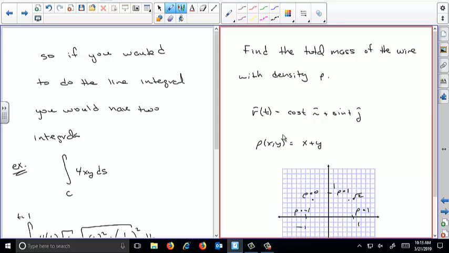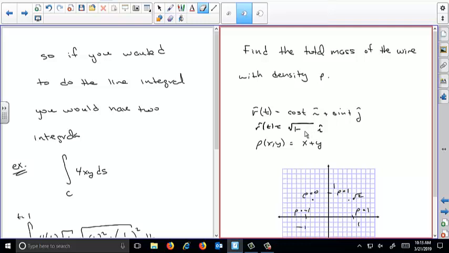Another way of representing this would be r is equal to probably the square root of 1 minus x squared times i, something like that, I would think. Just thinking about it, the x coordinate, or t, is that right? Actually, you wouldn't do it as a function of t. What would you do here?